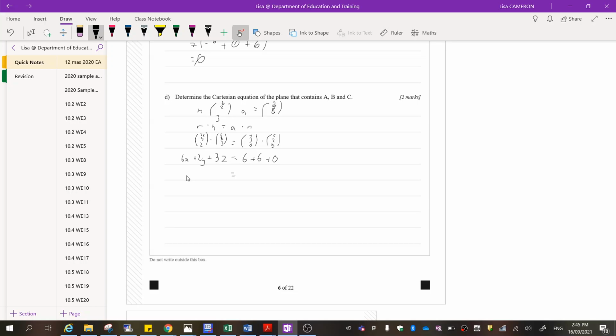So equation would be 6x plus 2y plus 3z equals 12. Can bring the 12 over if you wish, but not necessary in this case. At least, I'm lazy. And that's all you need to do. Thanks for listening and dealing with the really poorly drawn things.